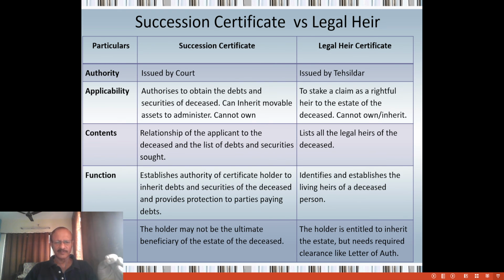That is the only function. Here in the case of a succession certificate, it establishes the person who can inherit debts and securities and can also transact and operate the business. Effect: finally both do not give ownership, but at least with the succession certificate you can inherit. That's the only effect.